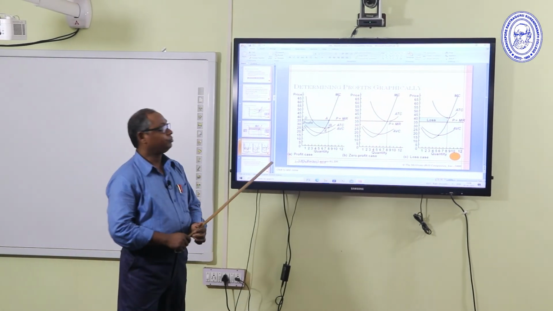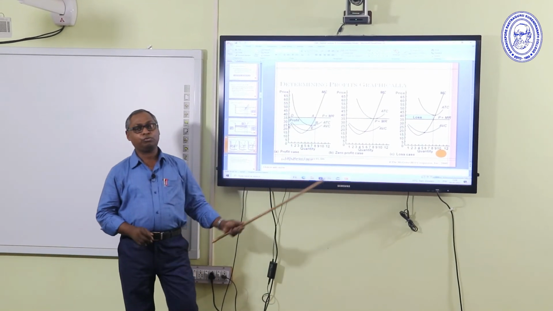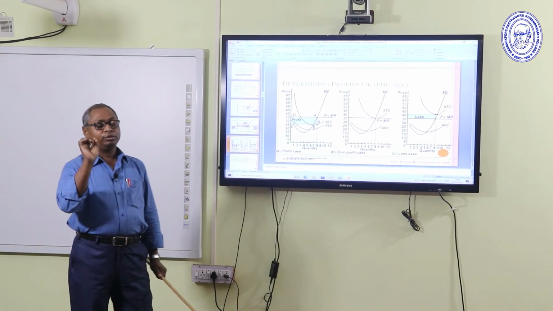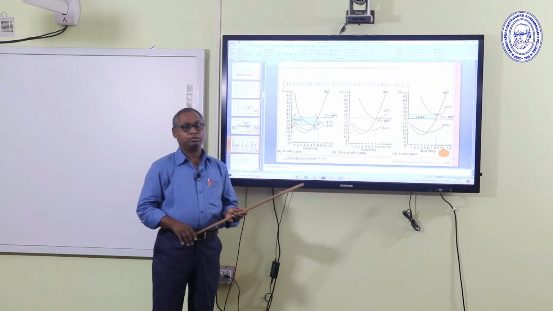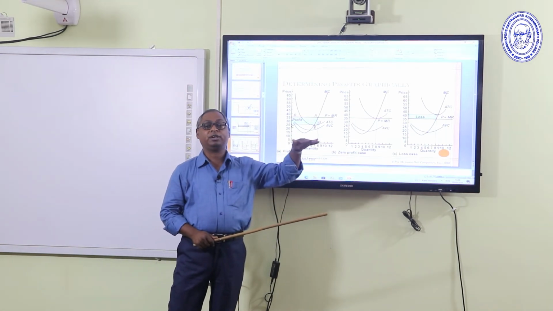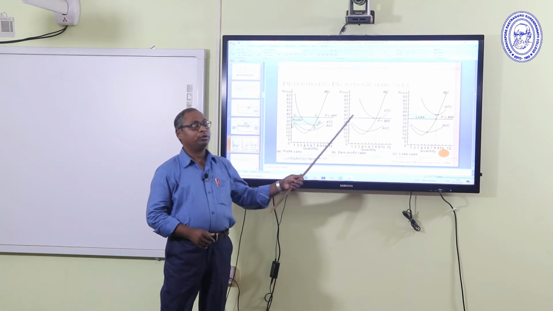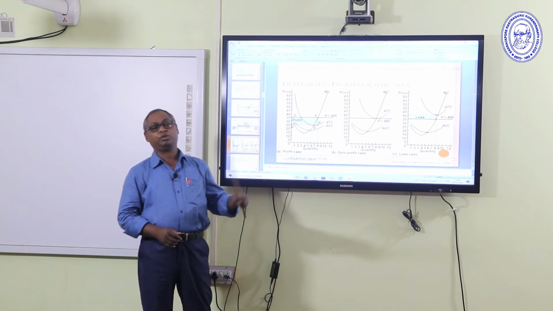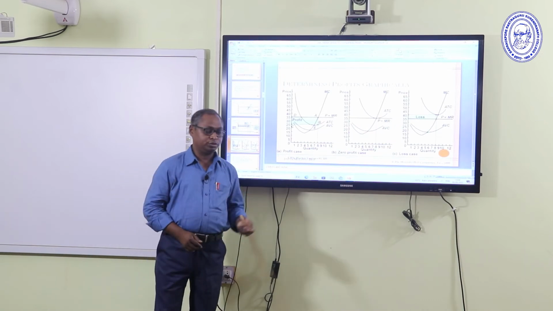So among these three pictures, we have to think that depending on the price line, the fixed price line in the perfectly competitive setup in the short run, the firm will make either supernormal profit, or zero profit, or loss.